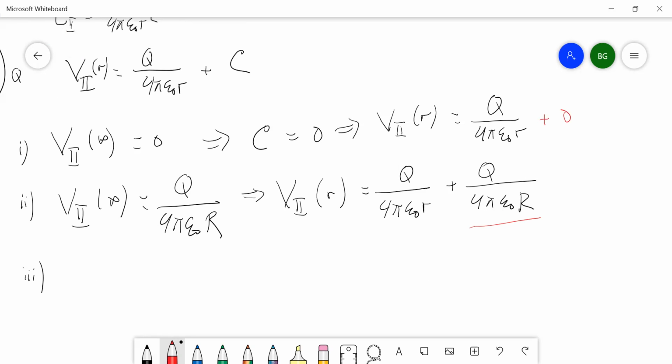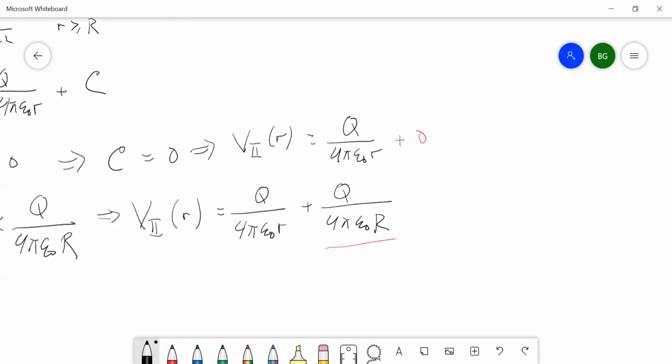They are different, but they have the same potential difference. Okay, they have the same potential difference. So this is the important thing. It doesn't matter what the form of the potential is. The important thing is the potential difference.